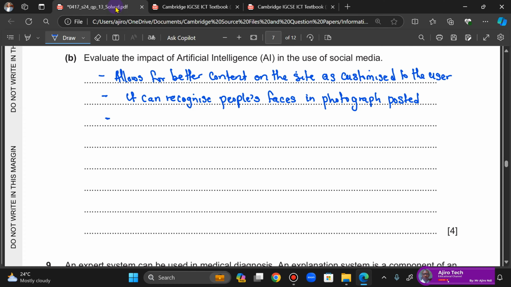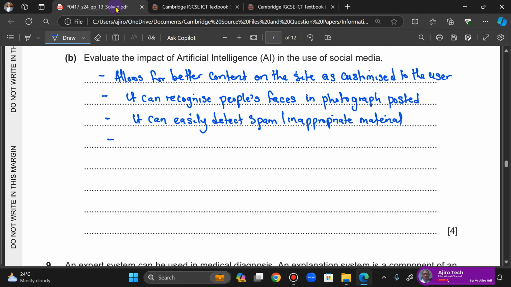That's very important. It can easily detect spam when you're sending something over and over again, or inappropriate materials, which makes the social media safer.